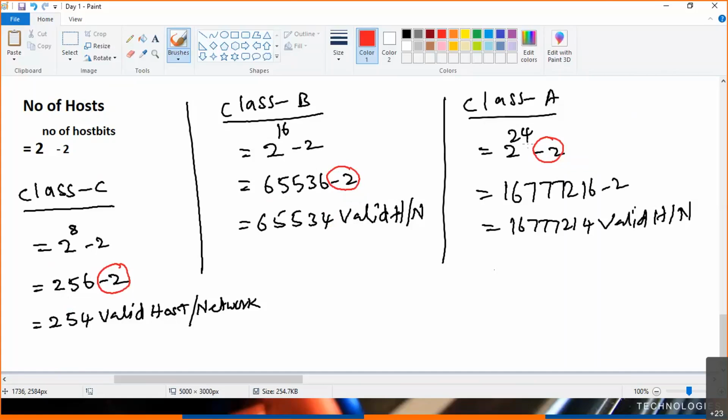Once our routing protocols start, you will come to know the multicast addresses and where we use them. For local LAN and WAN, it is only A, B and C.